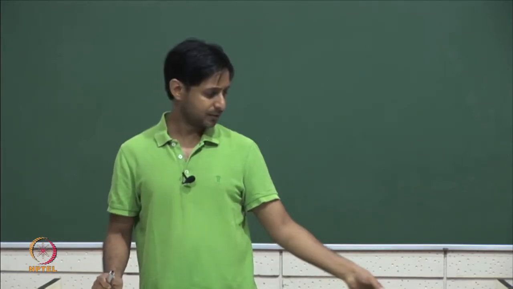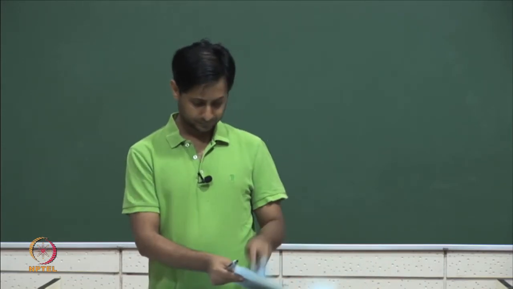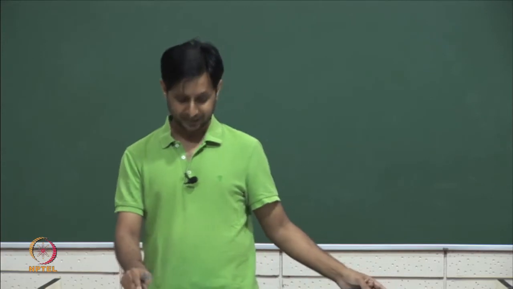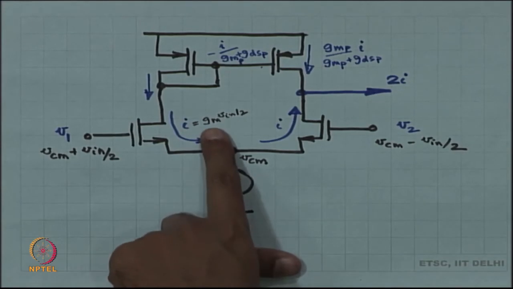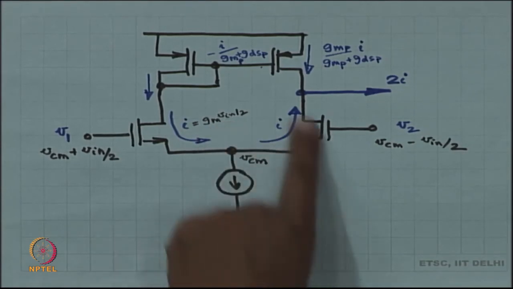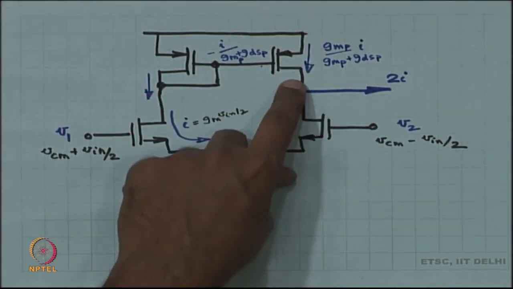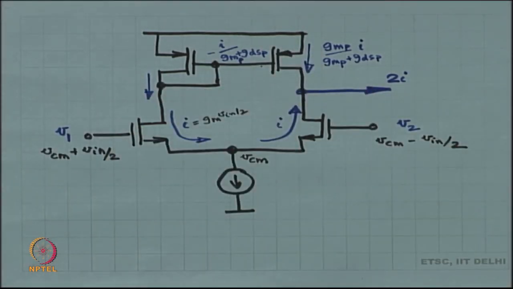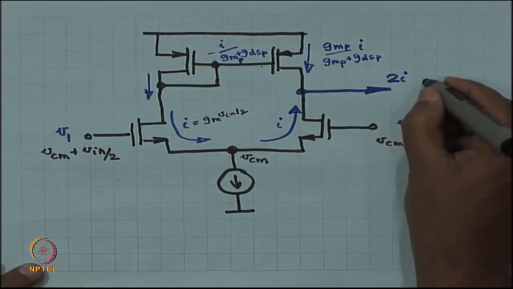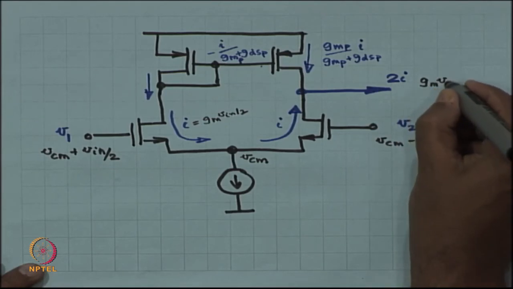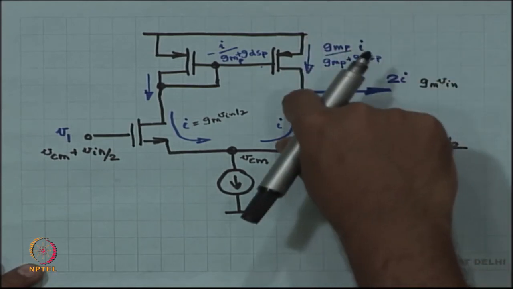Okay, what is the final gain of this circuit? If this is V in by 2 input signal, this current is GM times V in by 2, the same current, GM V in by 2. What goes out is GM V in current, and this GM V in current develops across the load.